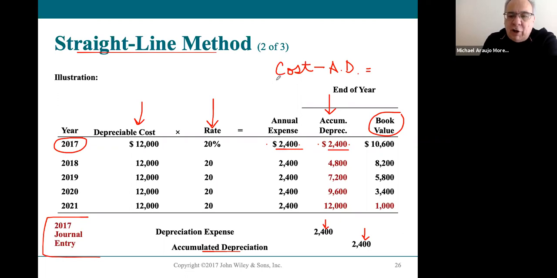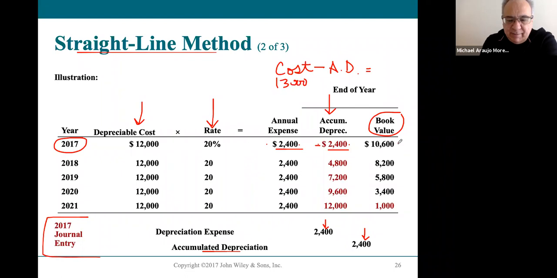The truck cost you 13 grand. The book value of the truck is 10,600. That's the $13,000 truck minus the $2,400 in accumulated depreciation after the first year.